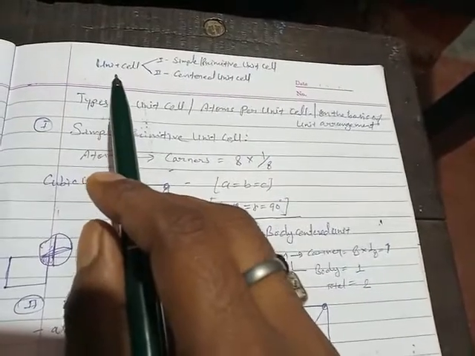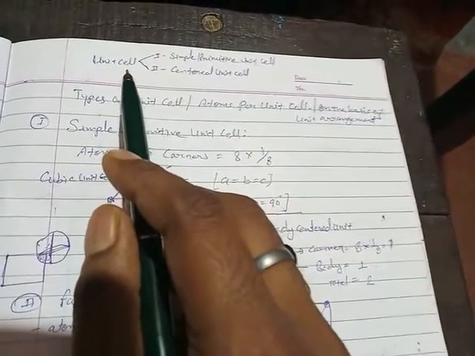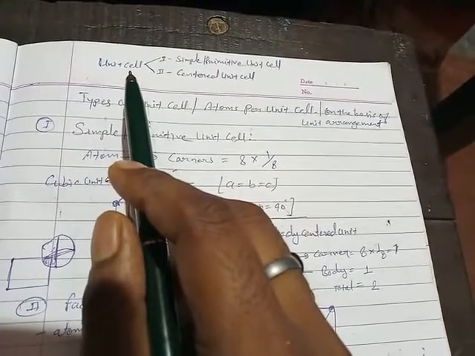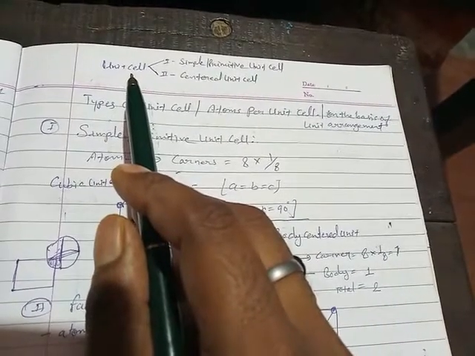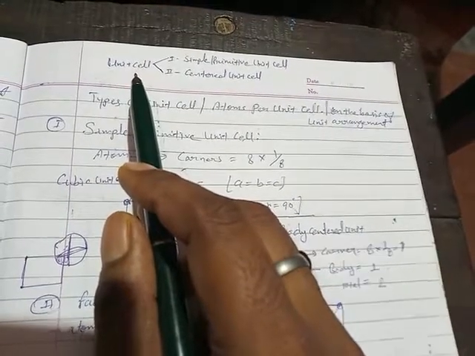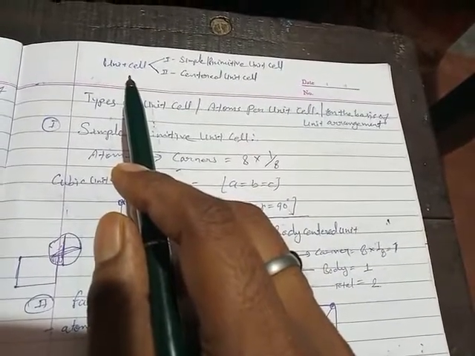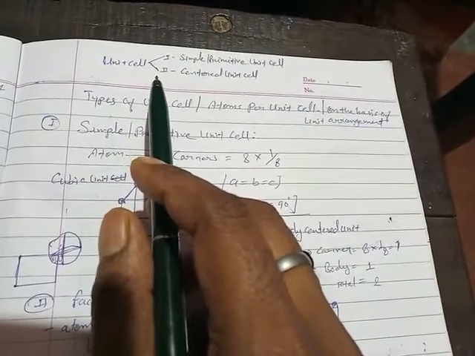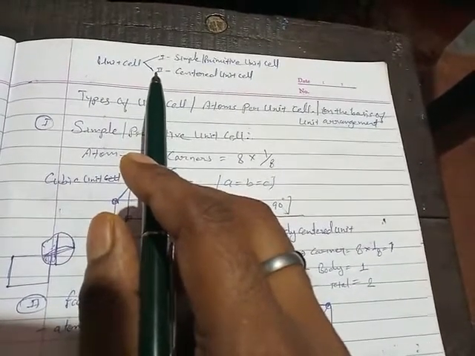So we can say, for example, a unit cell we can discuss like this: just as a building is always made up of a large number of rooms, and different types of arrangements are there, every room, when combined and collected, forms the building.